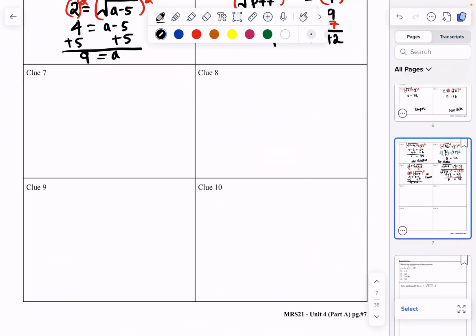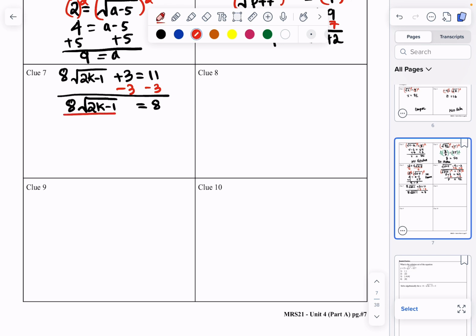Clue number 7 we have is 8 radical 2k minus 1 plus 3 is equal to 11. So this one we have to get rid of a couple of things around the radical. So I do minus 3 first, and then we are left over with 8 radical 2k minus 1 is equal to 11 minus 3 is 8.